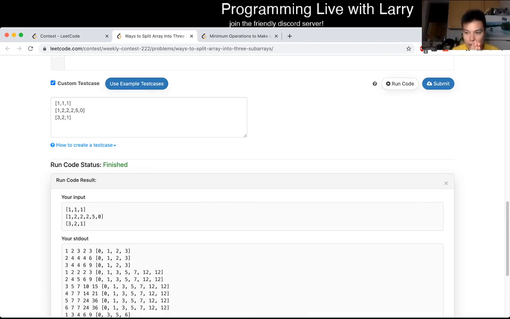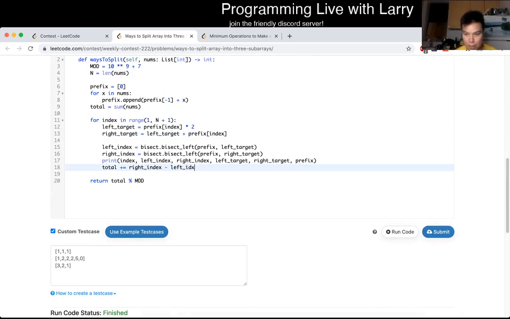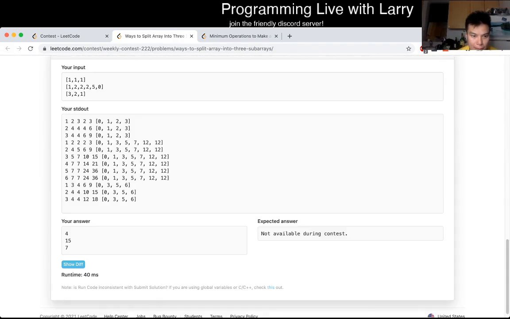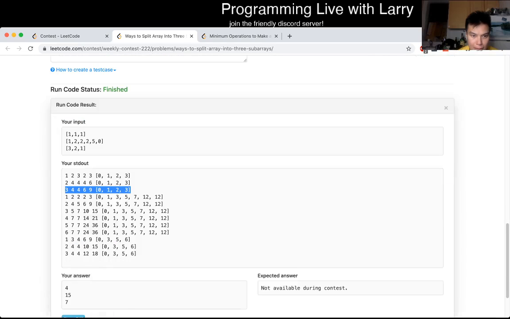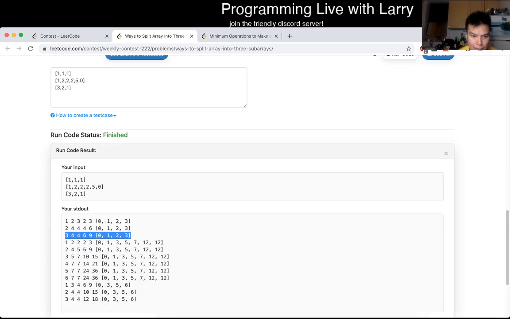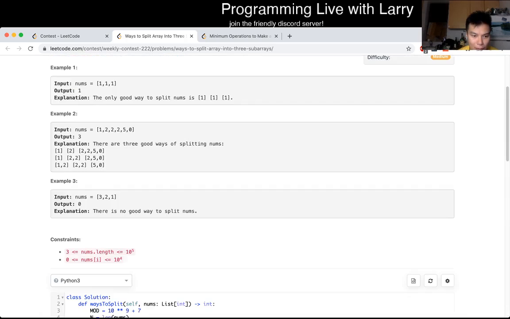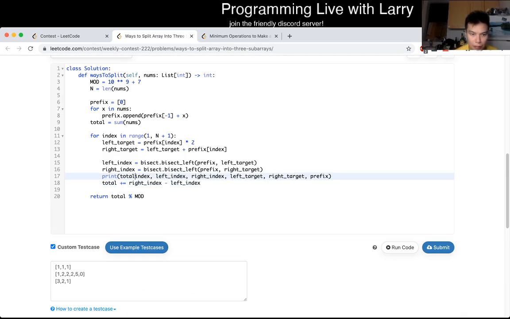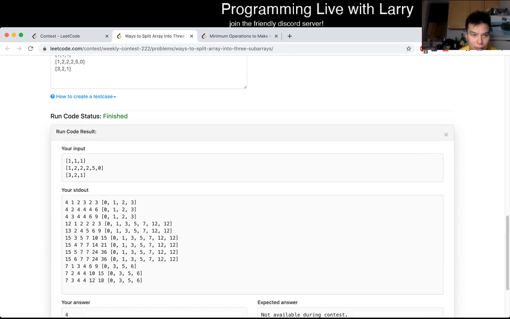So that's 11. Why is that 4? Oh, whoops.